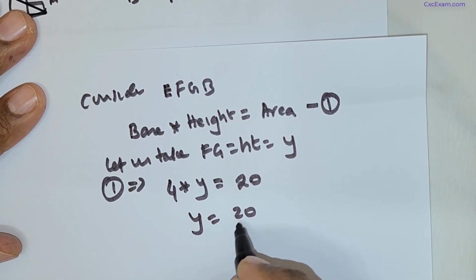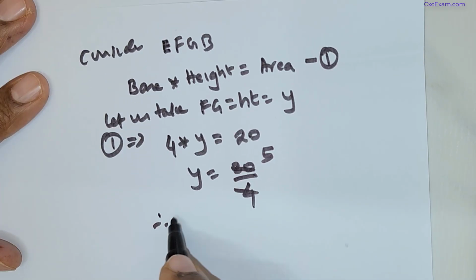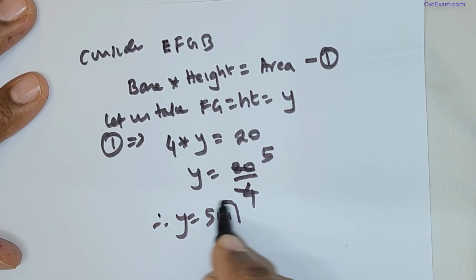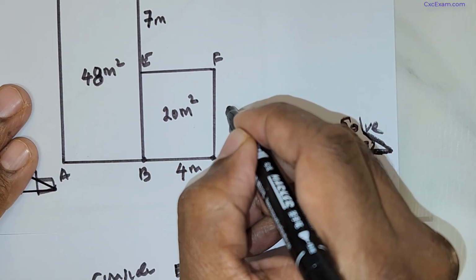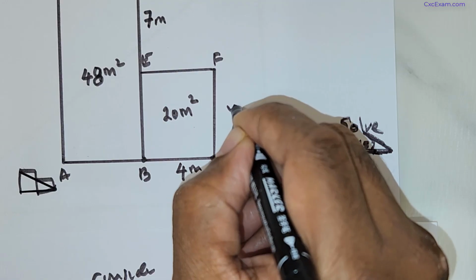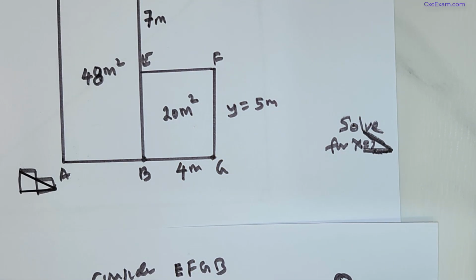So clearly y is going to be 20 over 4, so therefore y is 5 meters. So I have got the value of y, which is 5 meters.